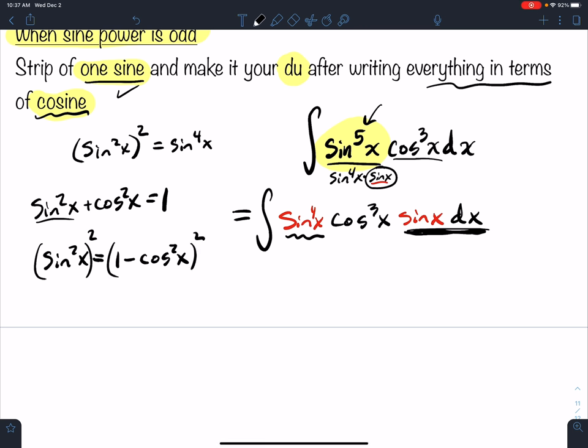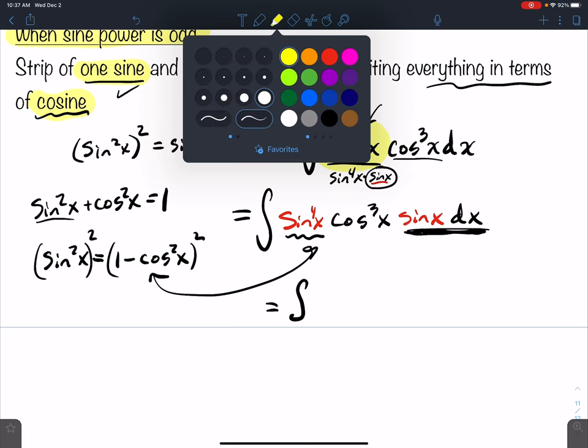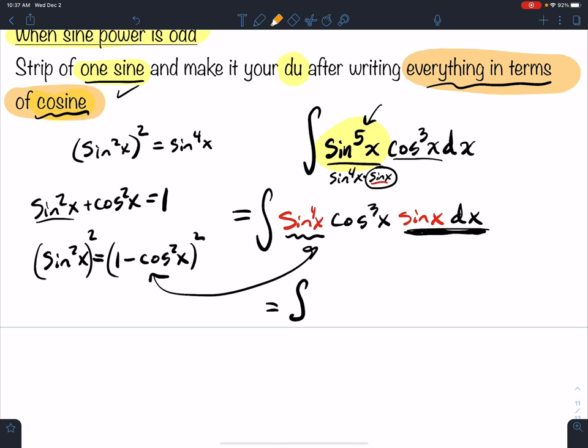All right? So I'm going to replace this with that right there to write everything in terms of cosine. So now I have 1 minus cosine squared x, squared, times cosine cubed x sine x dx.